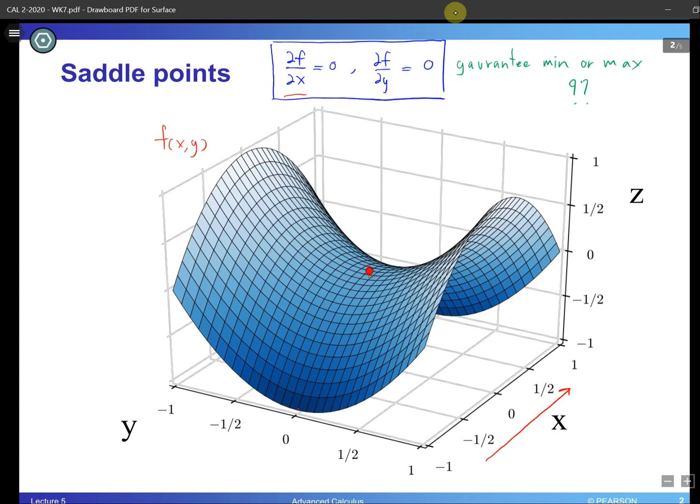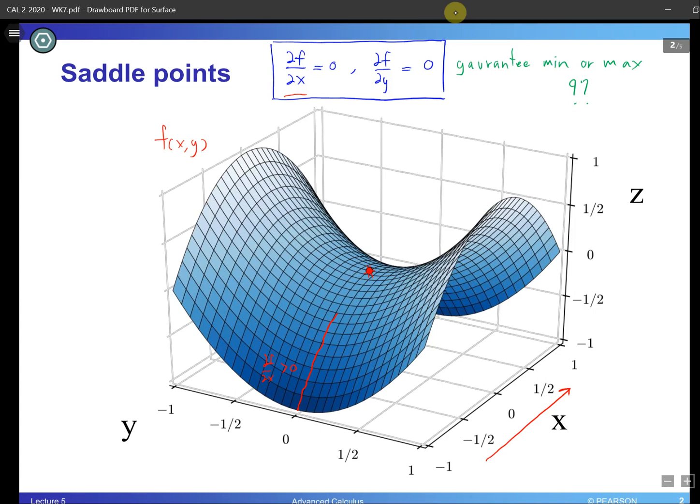And as you can see, as I move along the function surface, the function value starts to increase. When function value increases, it means that the slope is positive. It means that df by dx is positive. So right here, I know that df by dx is greater than 0.